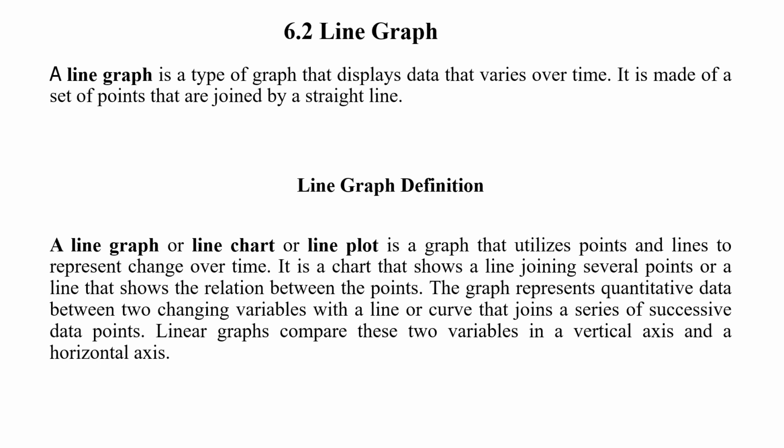It is a chart that shows a line joining several points, or a line that shows the relations between the points. The graph represents quantitative data between two changing variables with a line or curve that joins a series of successive data points. Linear graphs compare these two variables in a vertical axis and horizontal axis.